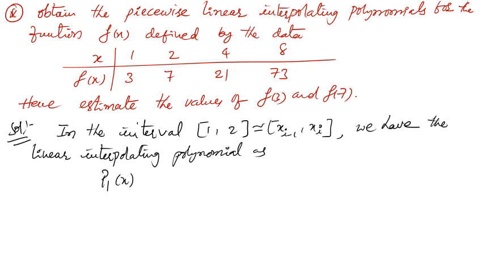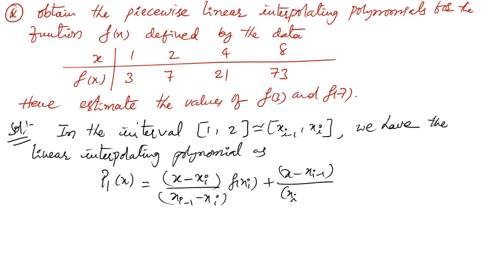P1 of x. Let me consider P1 of x equal to, what is the formula? x minus xi, replacing x by xi, for the first interval, times f of xi minus 1, plus x minus xi minus 1 by xi minus xi minus 1, times f of xi. Here x values are 1 and 2, and function values are 3 and 7.